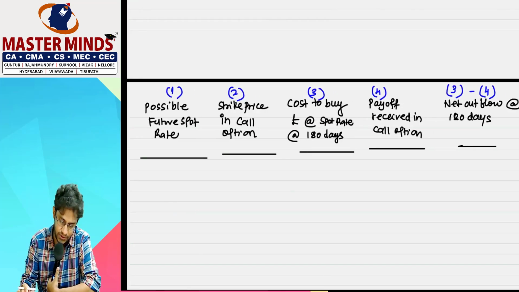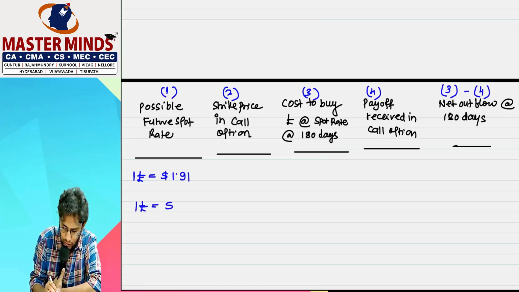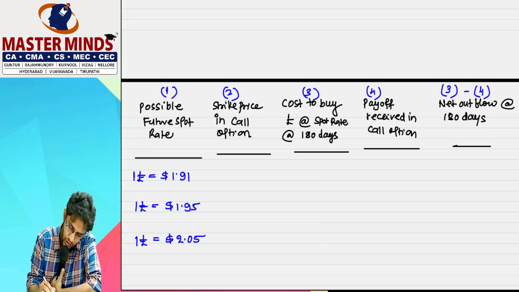Tell me the three rates. 1 pound is equal to $1.91, and 1 pound is equal to $1.95, and 1 pound is equal to $2.05. Strike price is 1.97.